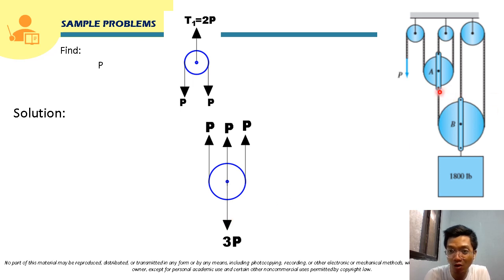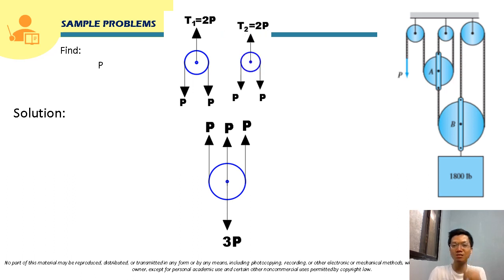So this cable is already 3P, and along its continuity it will be constant, constantly 3P. If it is still continuous as it passes through pulley B, this is still 3P. It is continuous as it passes through this pulley, so this will also be 3P.